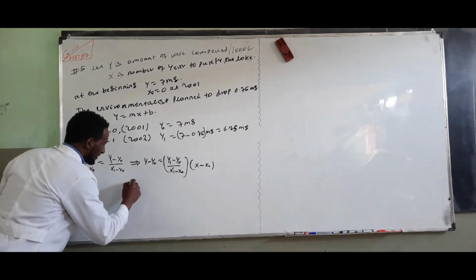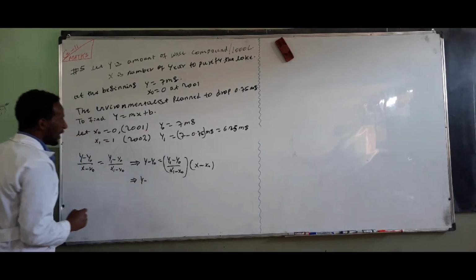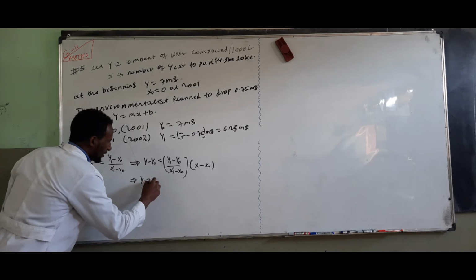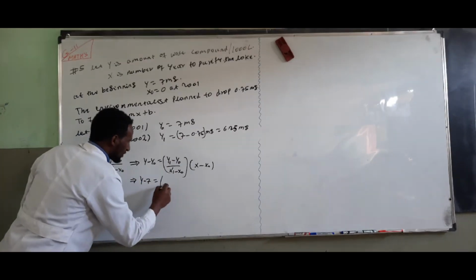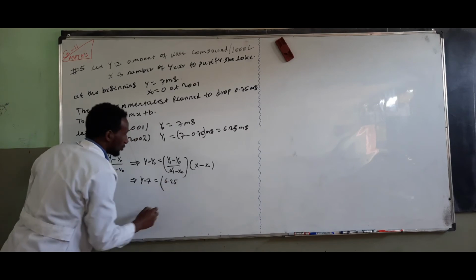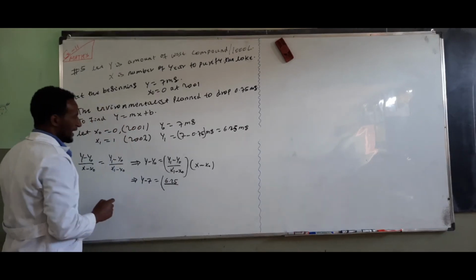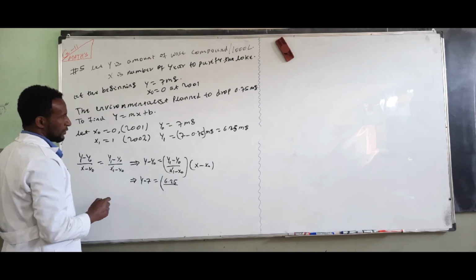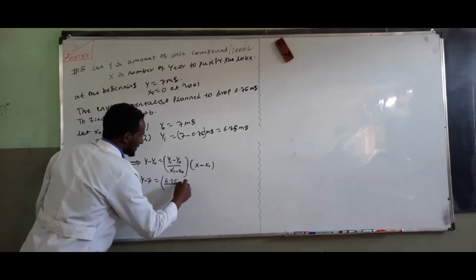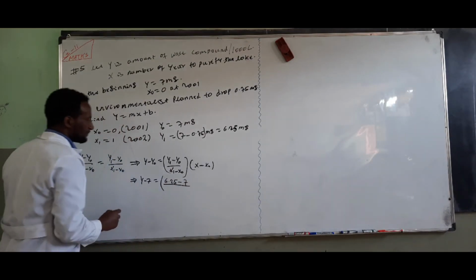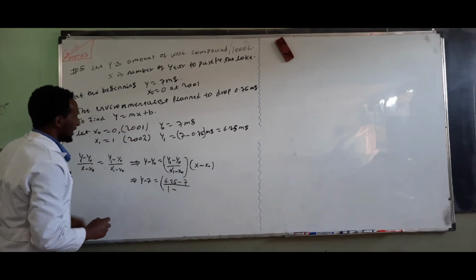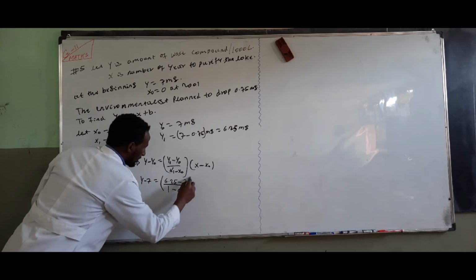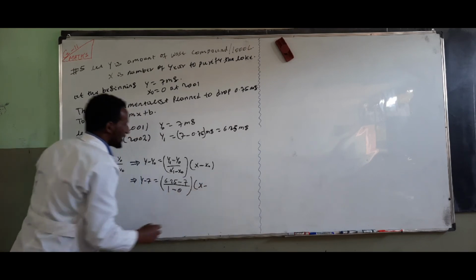Then y naught means 7, y1 means 6.25, over x1 means 1 minus x naught means 0, times x minus x naught.